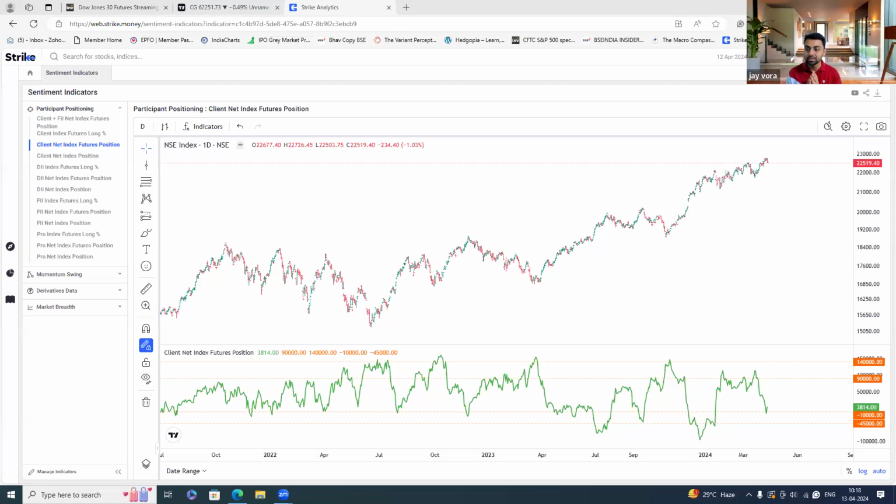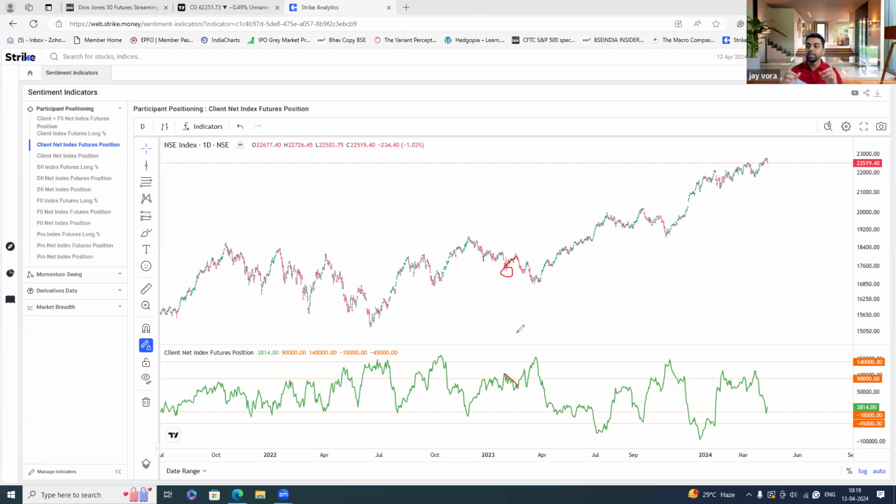As long as price action doesn't confirm, prices can keep rising higher, and the client's positioning will keep going short. They will keep shorting to the point where something reaches an extreme, and that's where it eventually reverses. For example, you can see over here there was some extreme that we had reached. After that there was a pullback, and that led to some unwinding. And then again it started declining.